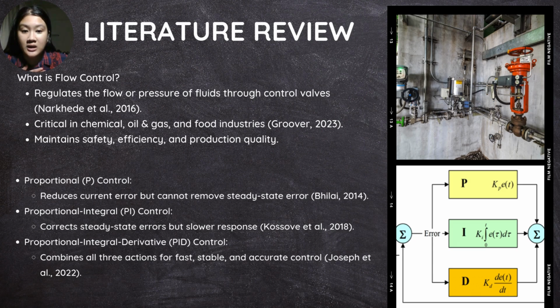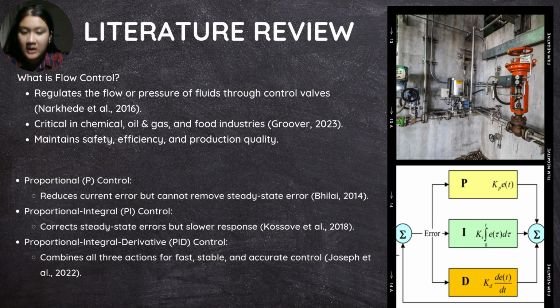Next is an overview of PID control. What is PID? It is proportional integral derivative. There are three parts. First is proportional control, which reduces current error but cannot remove steady state error.